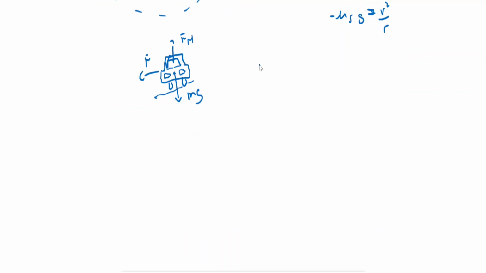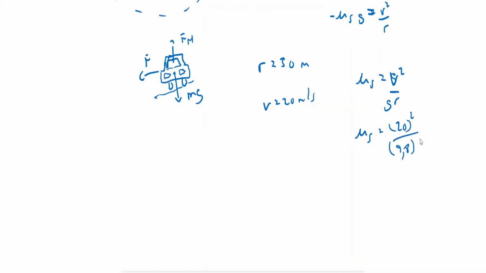So if, for instance, you were given that r is equal to 30 meters, and you were told that the car is actually moving at 20 meters per second, and then you were asked to find this coefficient of static friction, you just say the coefficient of static friction is going to be equal to v squared over r, divided by g, like that. Then you could just find it, which is going to be 20 squared, and g is 9.8, and r is 30.